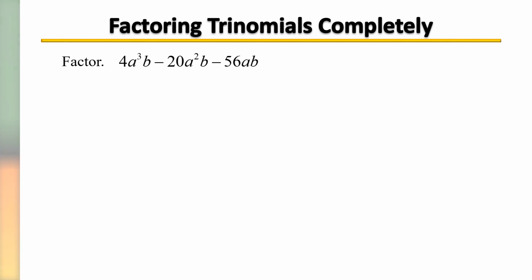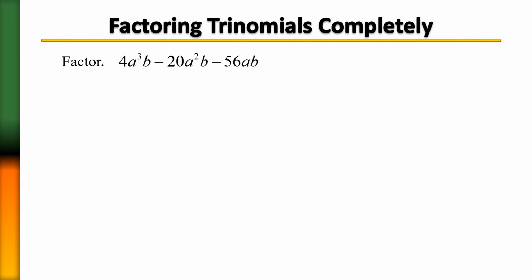Let's do one more. So again, we want to look to see if there's a GCF. I look at the smallest number, which is a 4, and I want to know, is there a 4 in 20, and is there a 4 in 56? One way you can tell is just divide it.